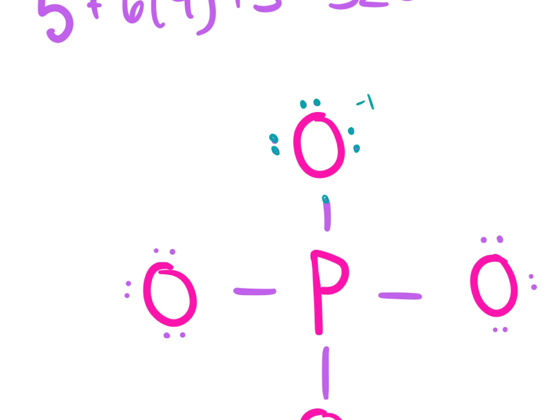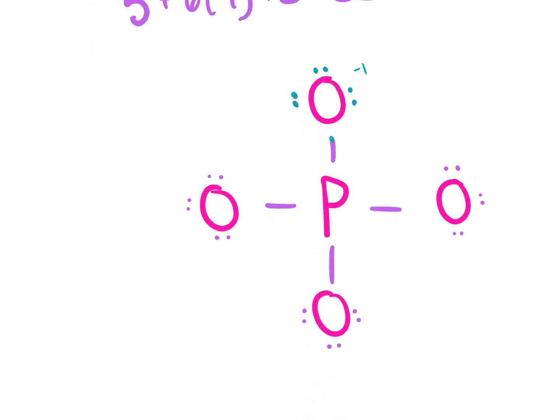It brings 6, but now it's surrounded by 7. Would that be the case for every oxygen in this structure? Yes, because each of our oxygens looks the same. So every single one of our oxygens is carrying a -1 charge. But let's take a look at phosphorus. How many electrons did phosphorus bring to the table? 5. It brought 5, but it's surrounded by 4.